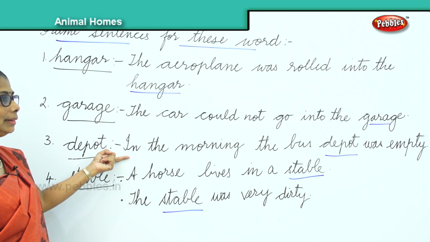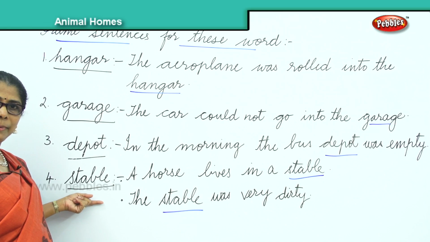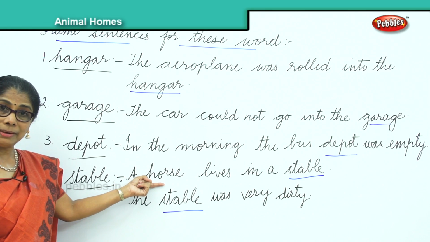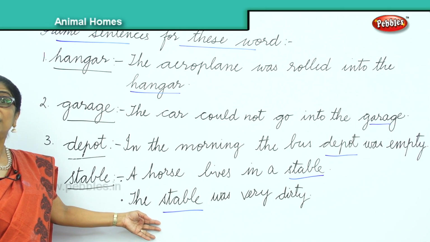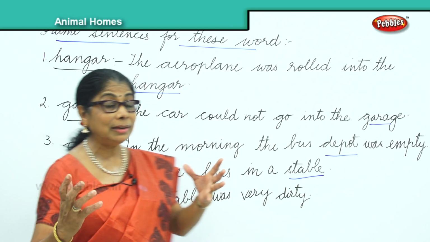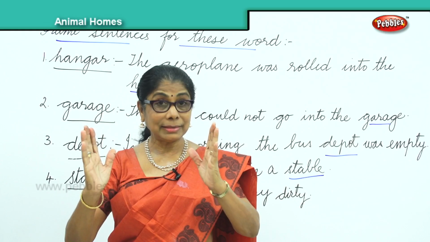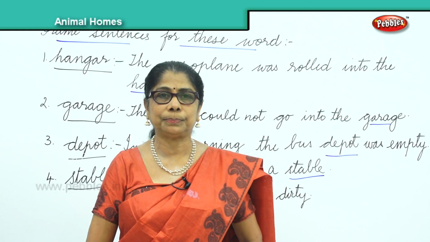In the morning, the bus depot was empty. Stable. A horse lives in a stable. The stable was very dirty. So now you learned the place things are kept, and how to frame a sentence using the given word.